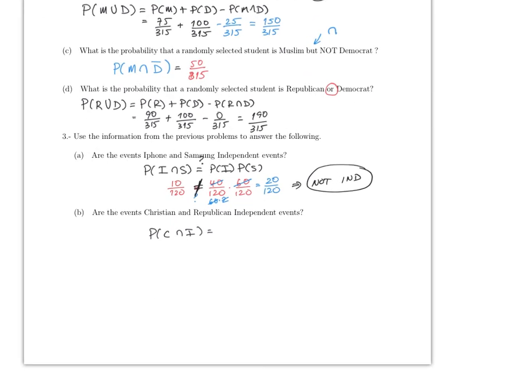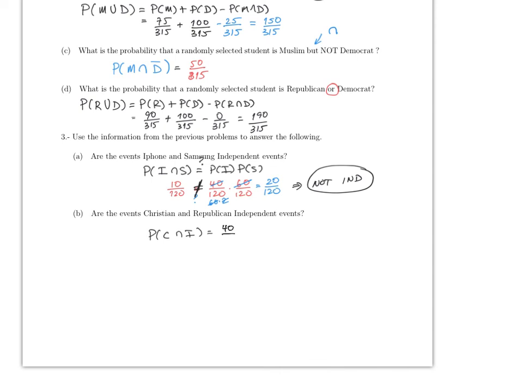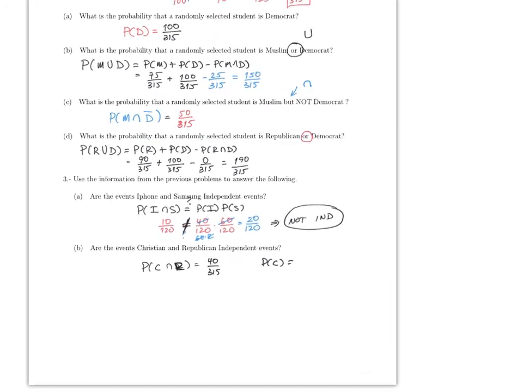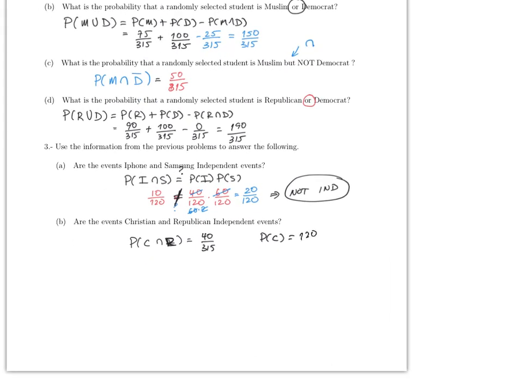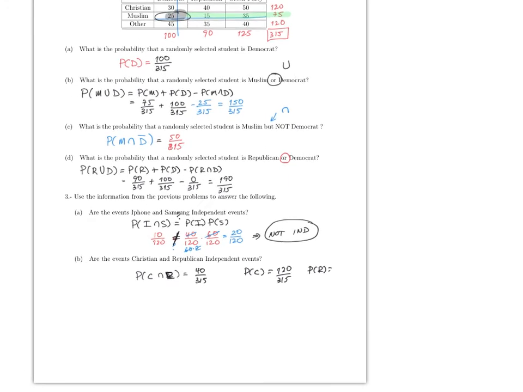Well, how many people are Christian? Christian was 120. So this is 120 over 315. And Republican, if I remember correctly, was 90.